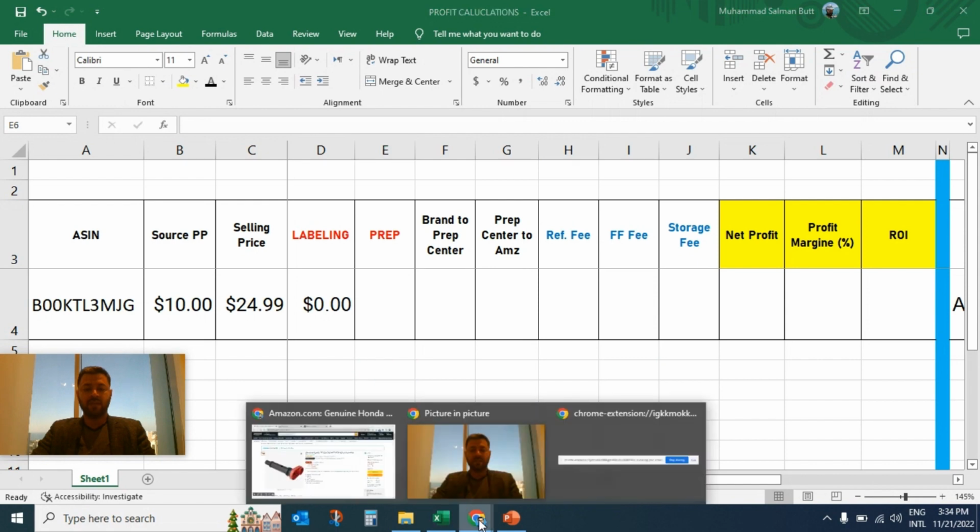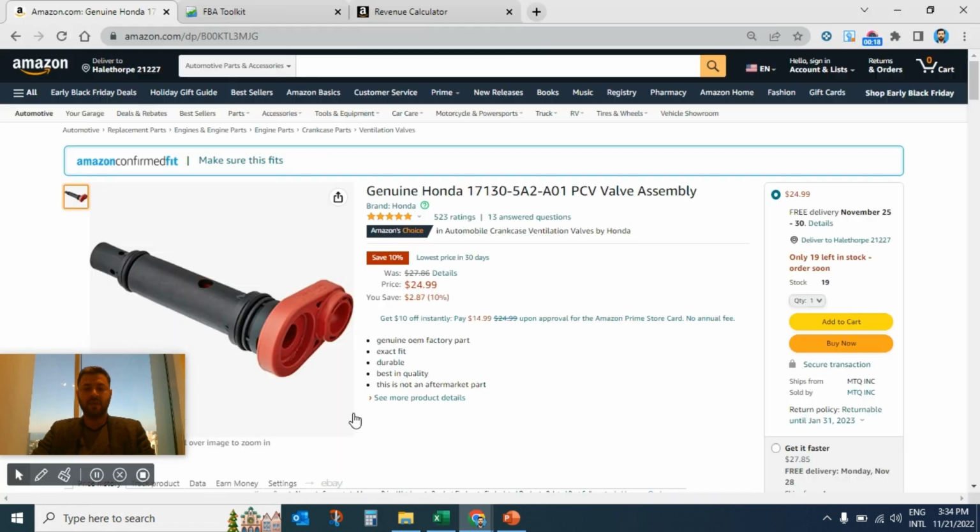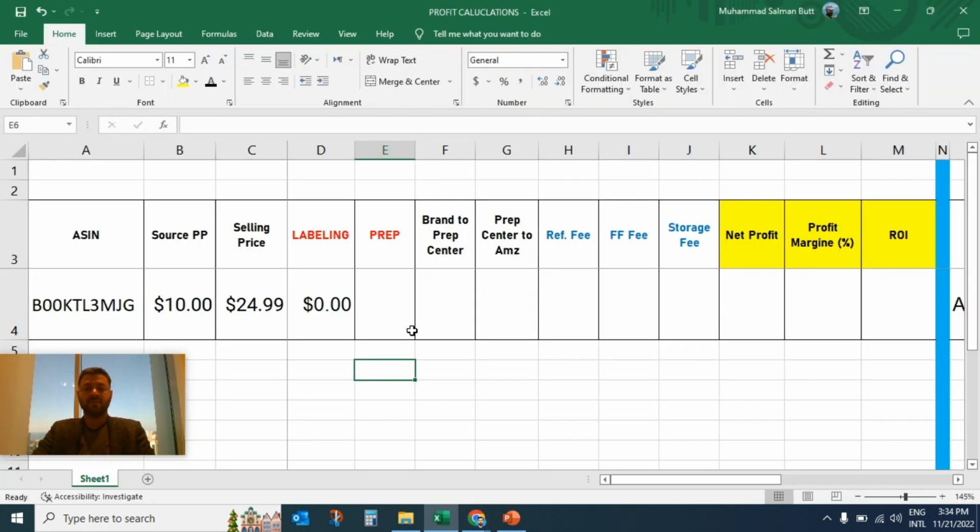I can see here that the selling price of this product is 24.99, so I just put 24.99 here, and I have assumed that I will be able to get this product from the supplier for $10 per piece. So I just put $10 here. Then these two, one is labeling fee, one is prep fee.